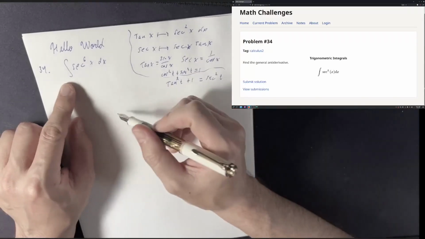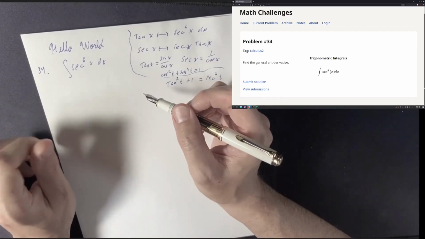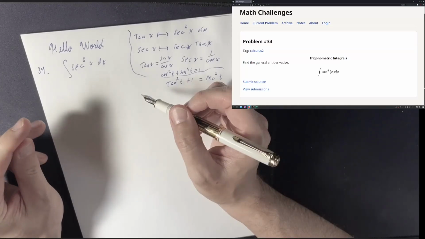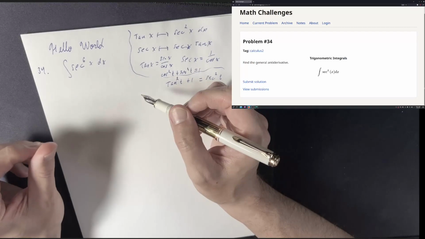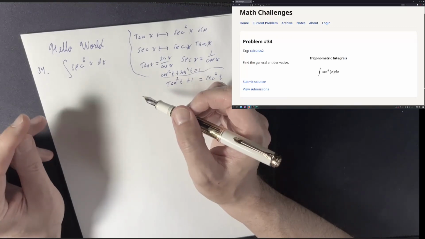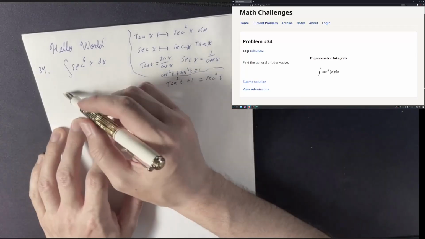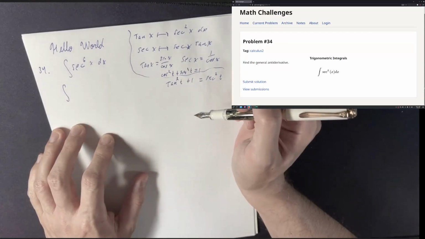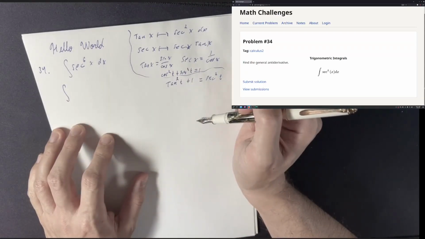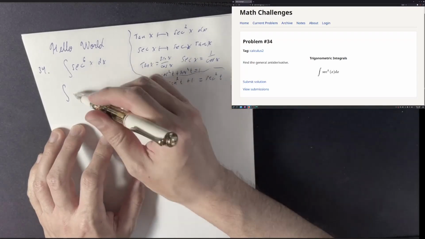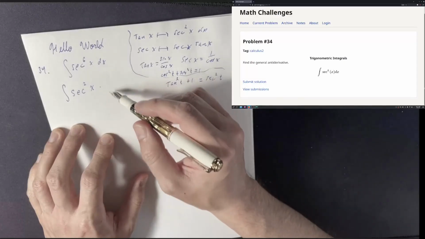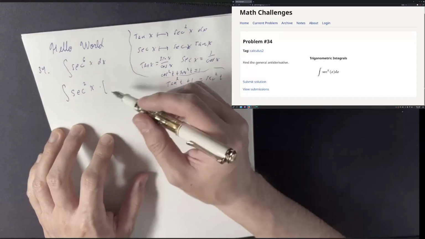So yeah, this one. This might actually take a minute. If it was just secant squared, I would know what that is because the antiderivative is tangent.